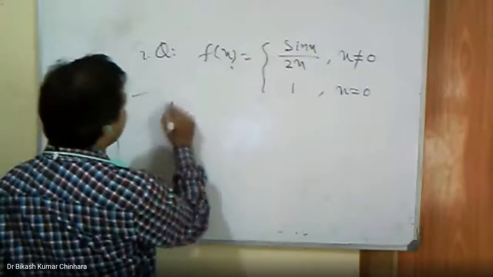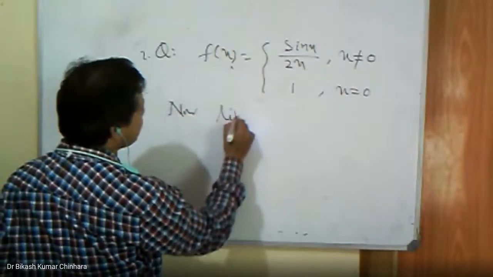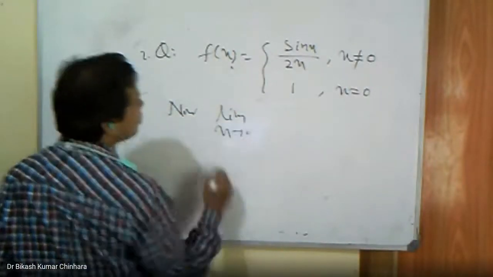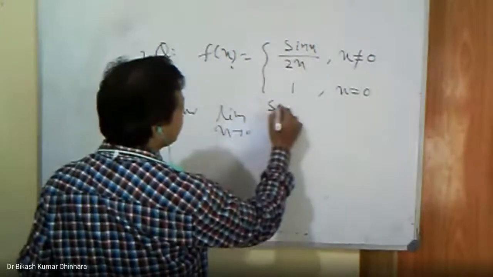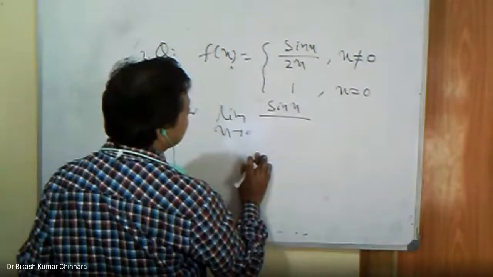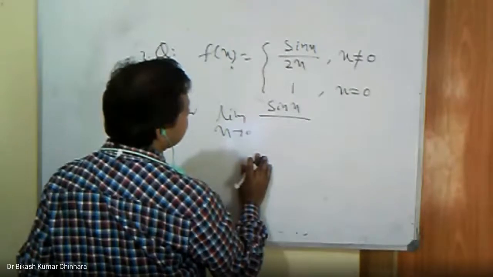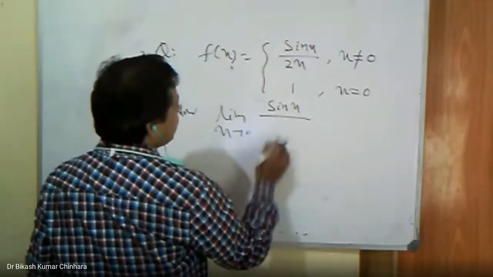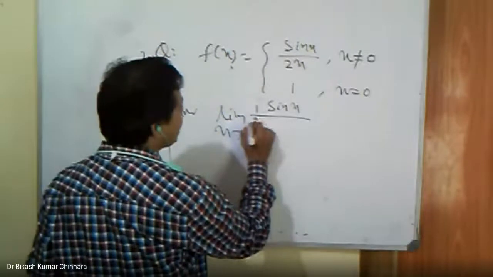So now limit x tends to 0 of sin x by 2x, so this will be 1 by 2.